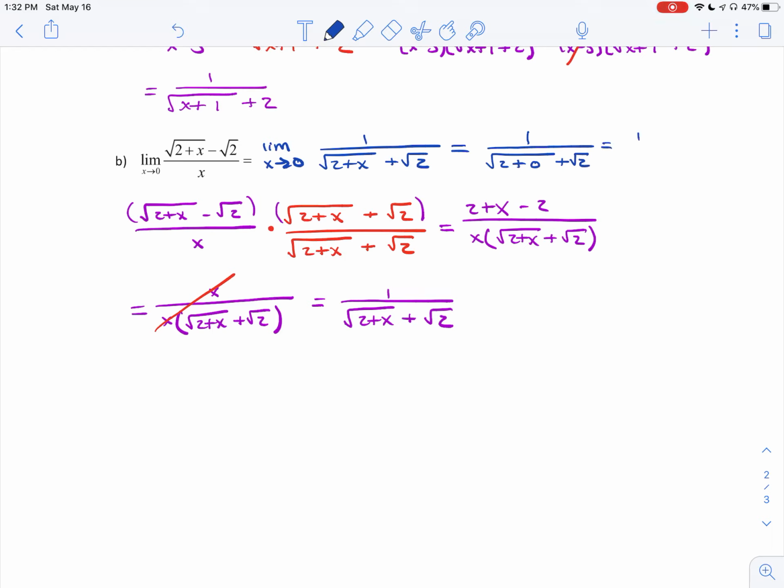You just get 1 over, this would be square root of 2 plus another square root of 2, so 2 square root of 2. And if we were to rationalize our denominator, we get the square root of 2 over 4. All right, that's it for our indeterminate forms.